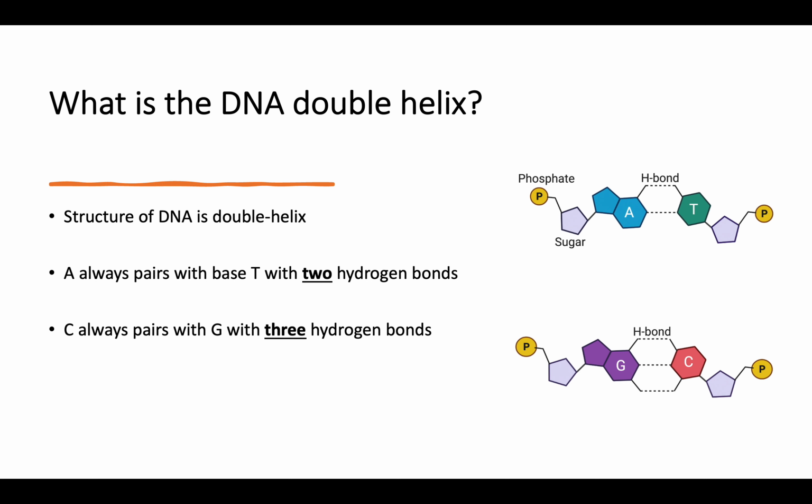Adenine always pairs with thymine with two hydrogen bonds, and likewise cytosine always pairs with guanine with three hydrogen bonds. The number of such complementary base pairs is often used to determine the length of a double-stranded DNA molecule.